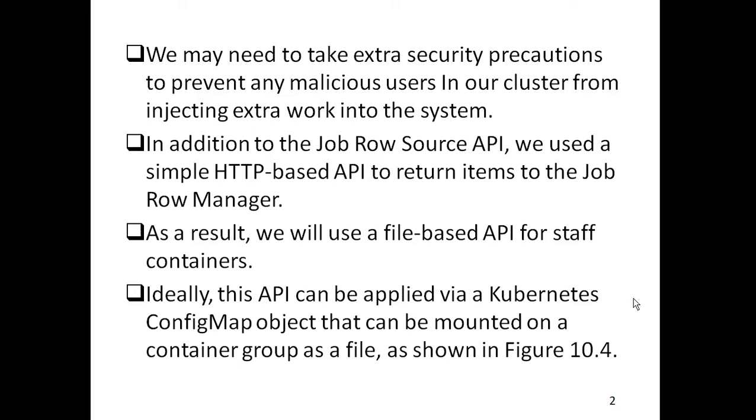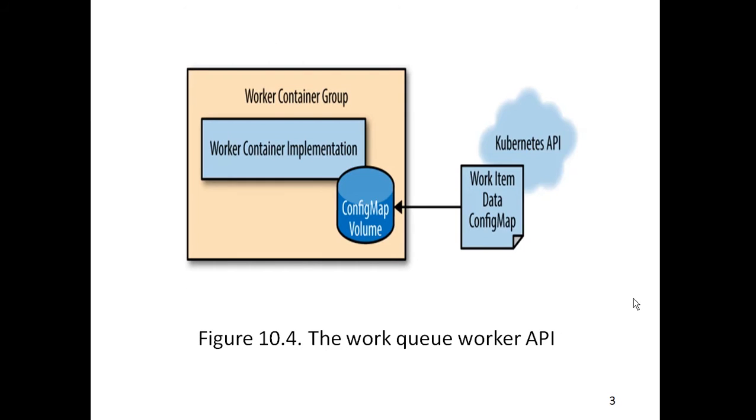As shown in figure 10.4, there is the worker container group and this worker container implementation, and there is the Kubernetes API, this work item data config map and this config map volume.